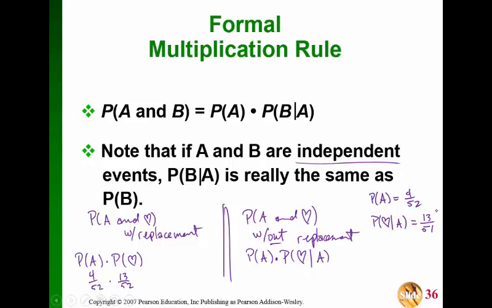Oh, you could have drawn the ace of hearts, huh? Yeah, it would be 12 out of 51. Maybe this is a more complicated example.